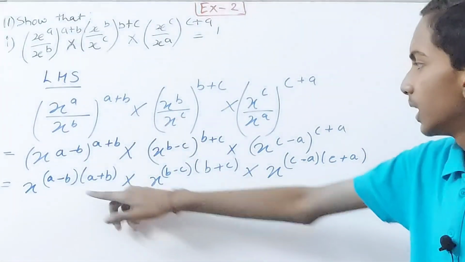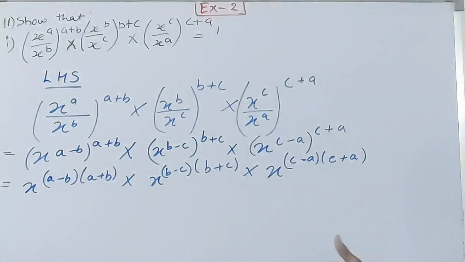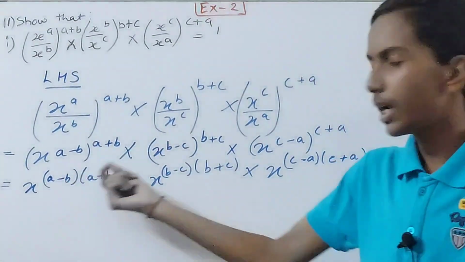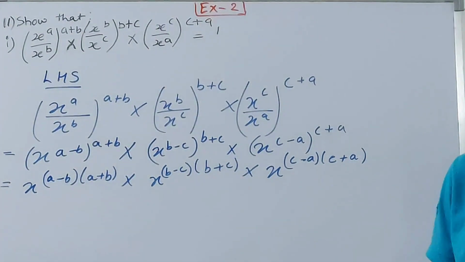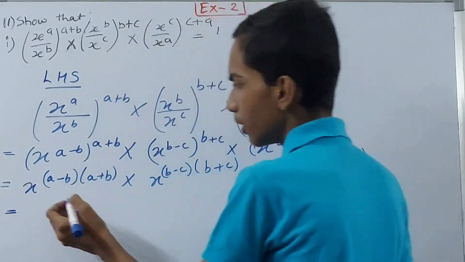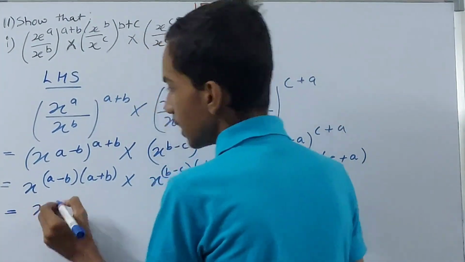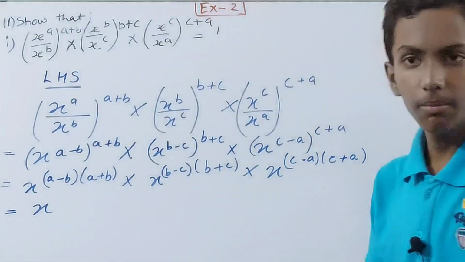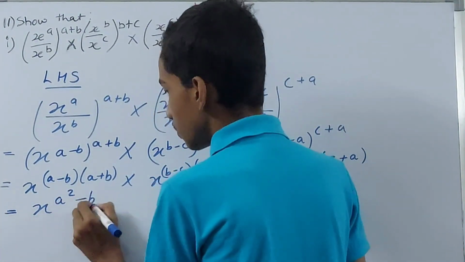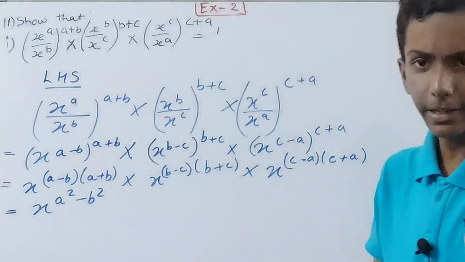Everywhere this I have done. Now you can see that there are certain rules whenever we come to these multiplications of variables. We have to use these rules, like we call them identities, right? So that we will study later on. For now, see, x to power a minus b times a plus b means a square minus b square. Keep that in mind.